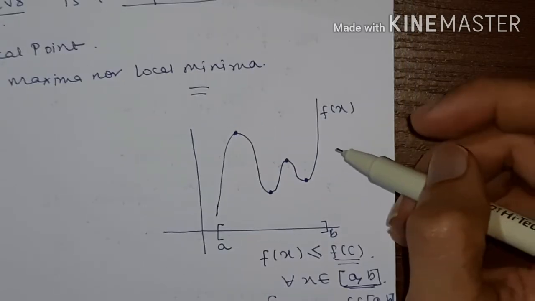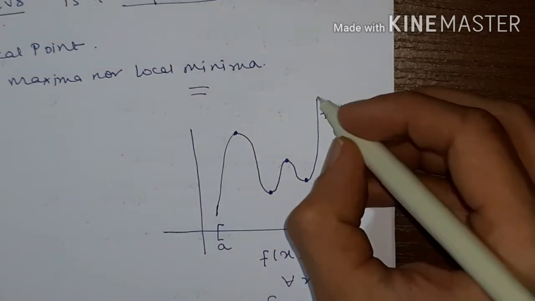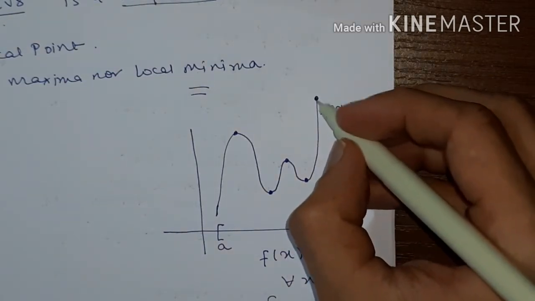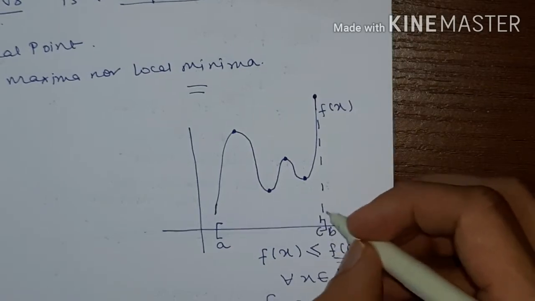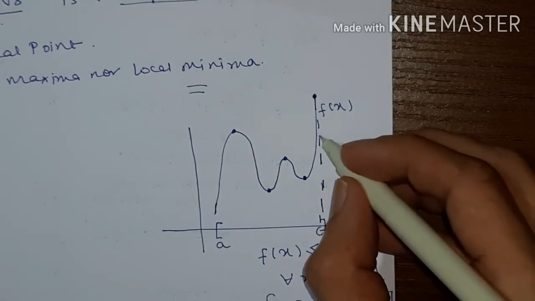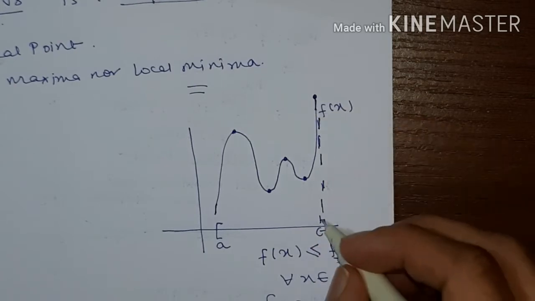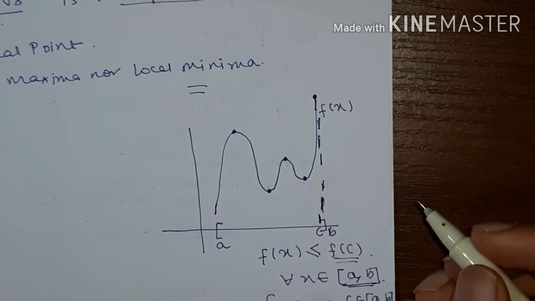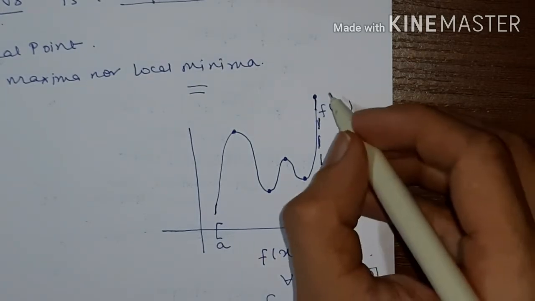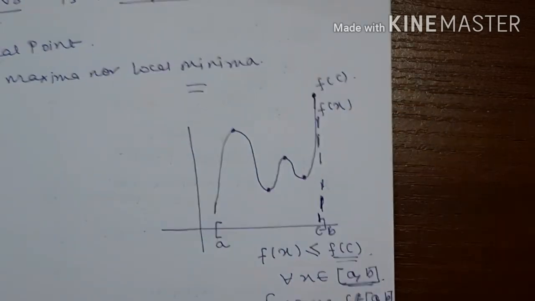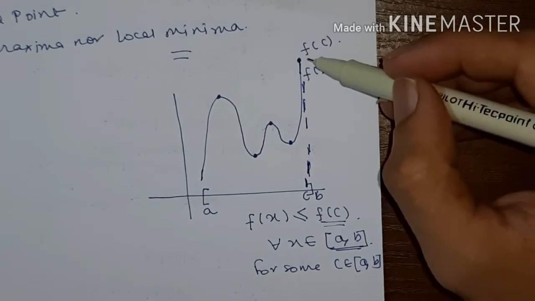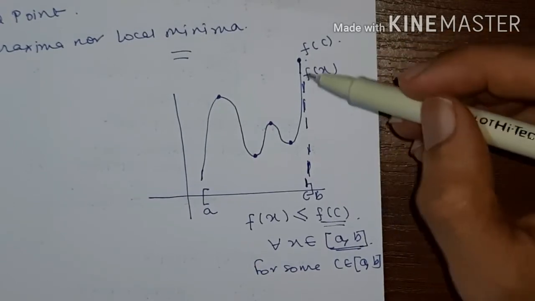Now if you look at this graph, this point, if I call it c, should be in the interval. Then this value f(c) is the absolute maximum, because you see that this is the greatest value of the function.